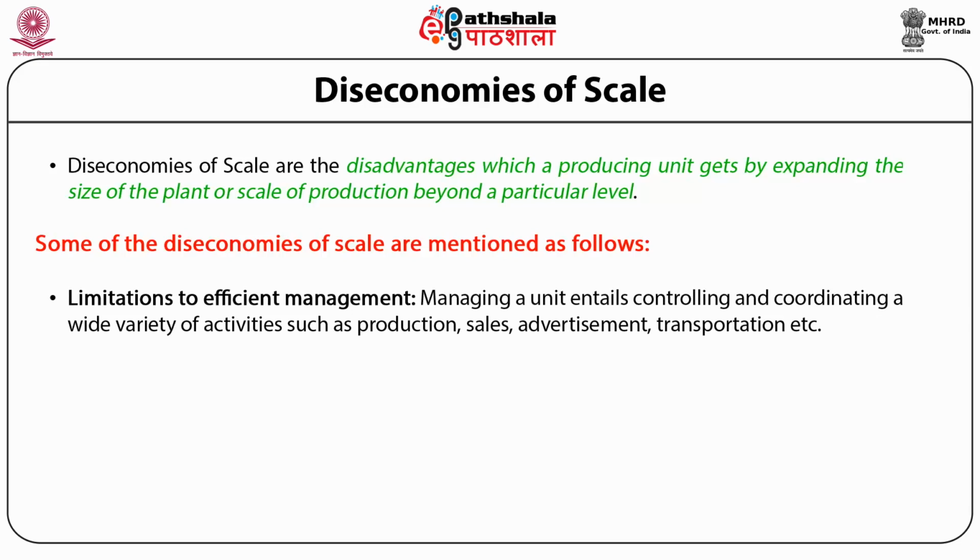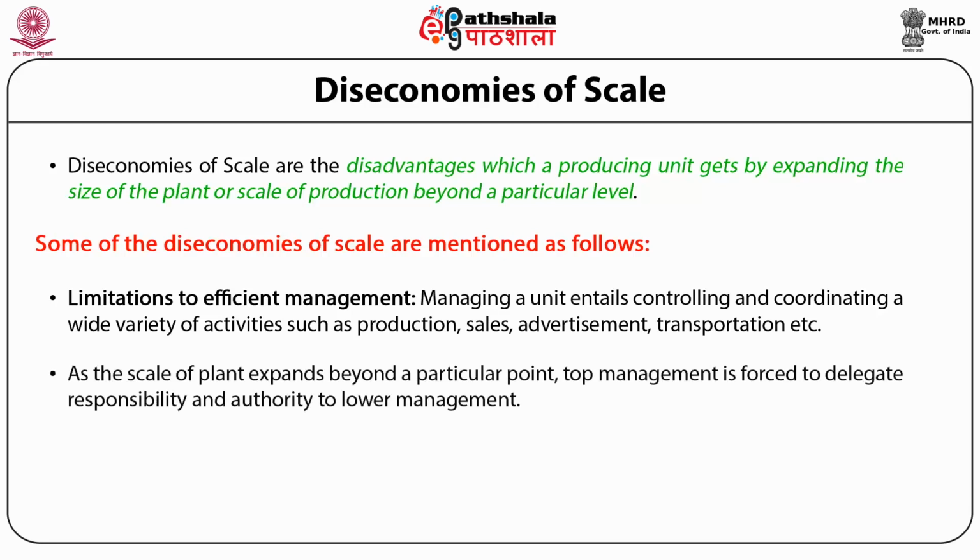Managing a unit entails controlling and coordinating a wide variety of activities such as production, sales, advertisement, transportation, etc. As the scale of plant expands beyond a particular point, top management is forced to delegate responsibility and authority to lower management.